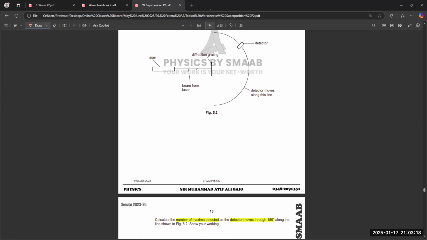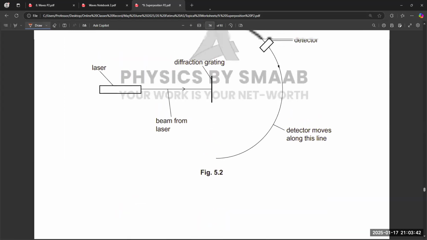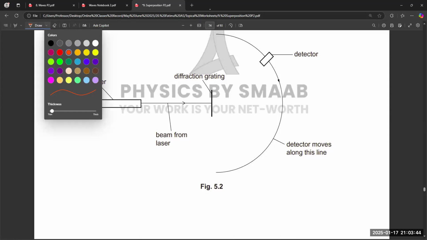So basically, the reference is the same. We are starting from the midpoint, and from the midpoint we can move towards the downward direction or the upward direction. So both are possible. For example, if we make 90 degrees in the downward direction, we can also make 90 degrees in the upward direction.